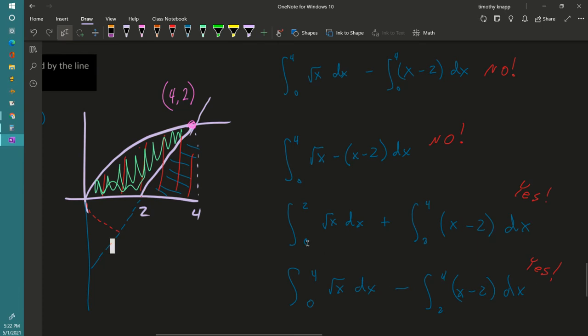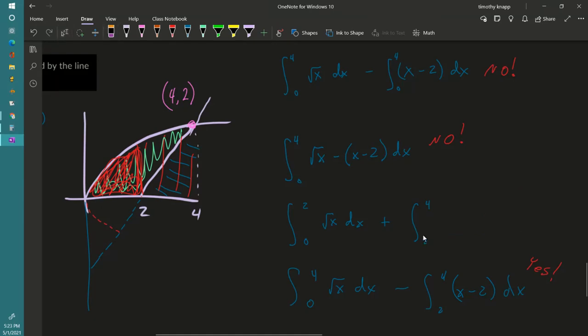So these are a couple of options that I've seen work. One way is to go from 0 to 2 for the root function, which would give you basically this area right here, okay? And then add in the area, which would be this green area, which I didn't fill in correctly. Sorry, guys.